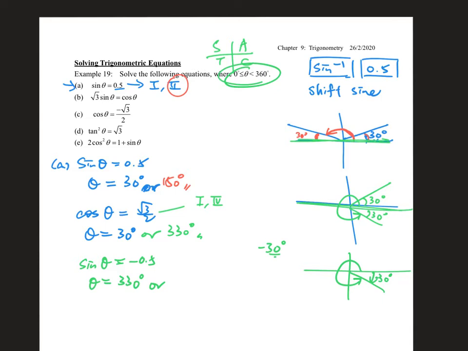But next, in order to get the other one, because sine is negative, it may be in quadrant 3 as well as in quadrant 4. So minus 30 degrees in another way, we just consider the size of this angle, which is 30 degrees. It is marked as our reference angle for another answer.